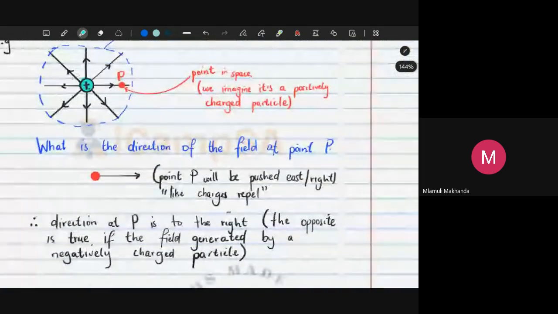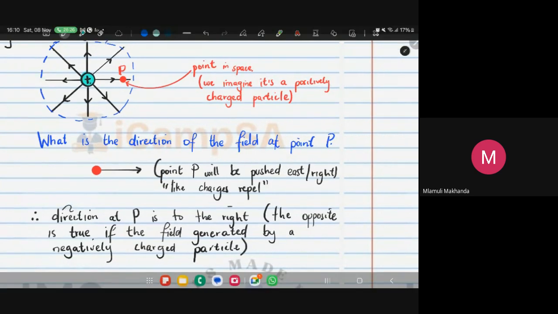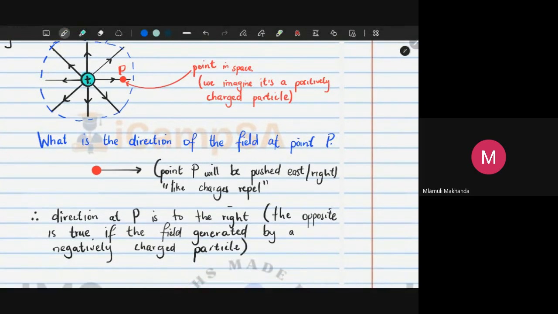Point P was going to be drawn towards it, right? As a result, point P was going to be moving to the left. And therefore, the direction of the field at point P would have been to the left.